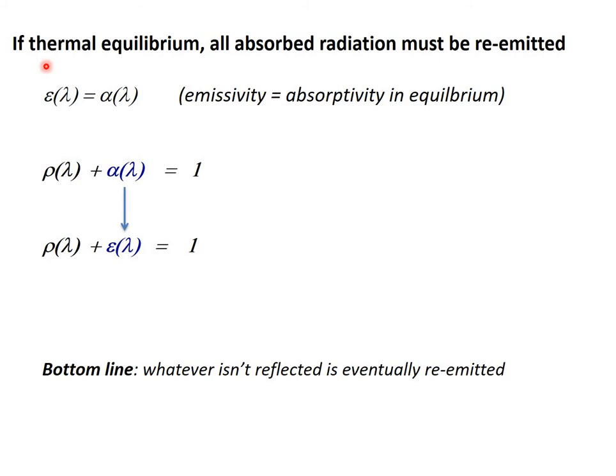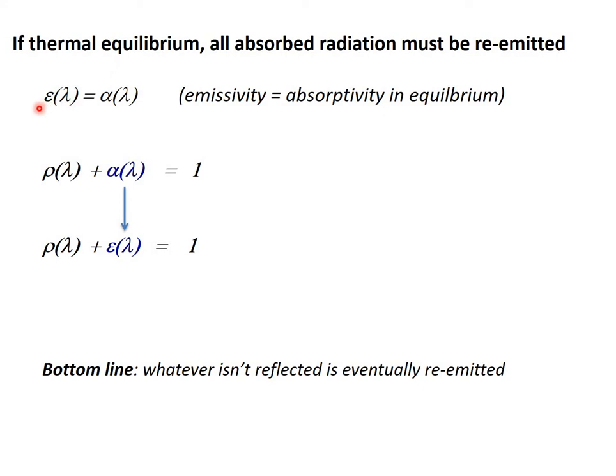Okay, so for the next step, we're going to make a small assumption that if the surface we're looking at is in thermal equilibrium, all absorbed radiation must ultimately be re-emitted, right? If the sun is shining on a rock and the rock is not changing temperature, we know that energy is still being absorbed. And by definition, if it's not changing temperature, the same amount of energy must be being emitted as well. Otherwise, the temperature would be getting hotter or colder.